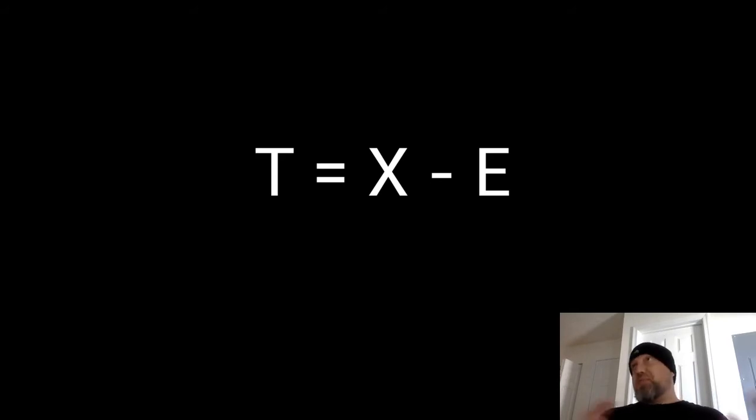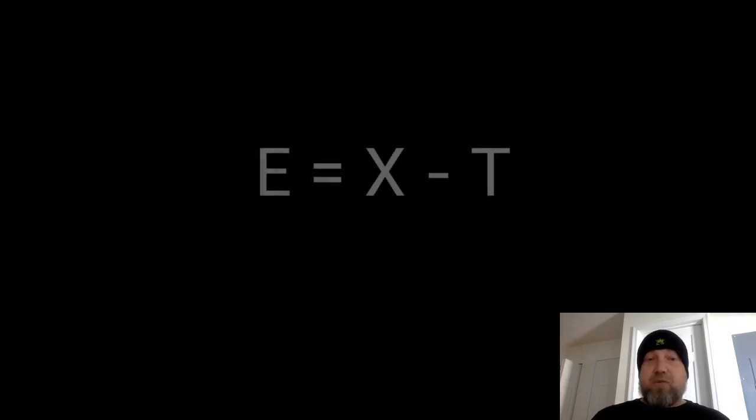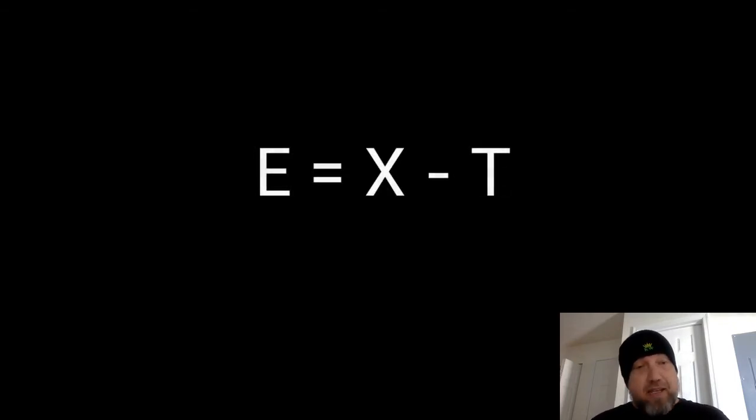We can do the same thing to get a picture of error. E equals X minus T. Now in this case, error is going to be composed of my observed score, the score that I can see, after I have removed the true score.